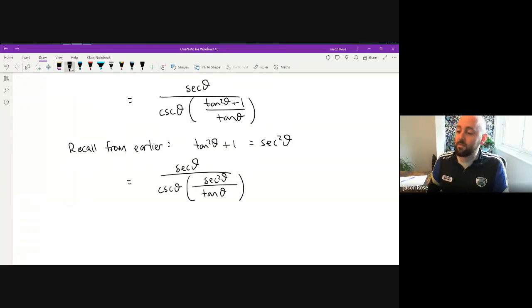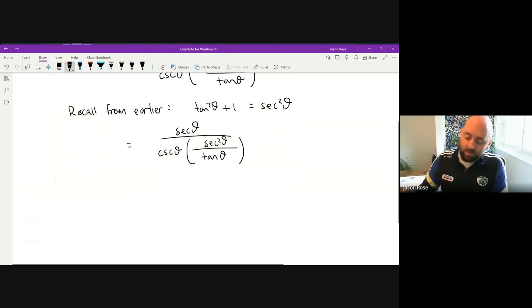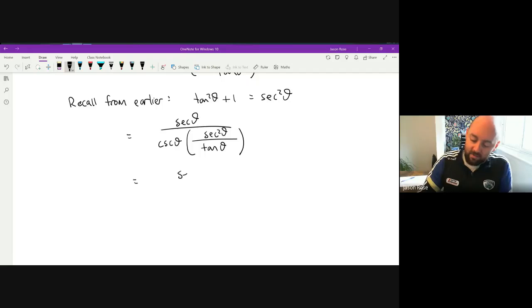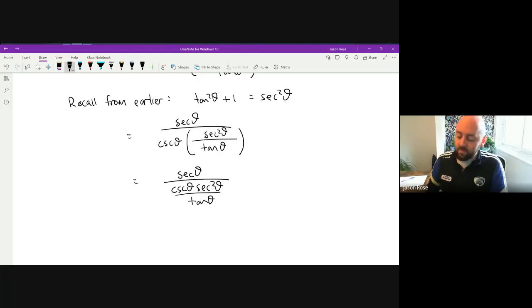And we can make a simplification here. Actually, maybe I'm just going to multiply those brackets first and then make the cancellation. We have secant theta divided by cosecant theta times secant squared theta divided by tan theta.